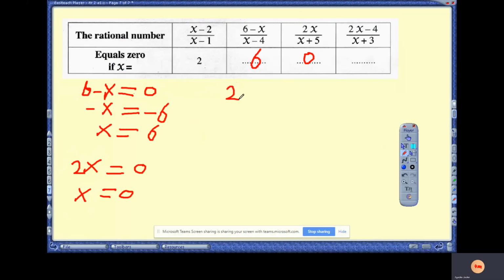You will put 2x minus 4 equals 0. 2x equals, you move -4 to the other side, 0 plus 4, which is 4. Then you divide by 2, so x equals 4 divided by 2 equals 2. So the answer here is 2.